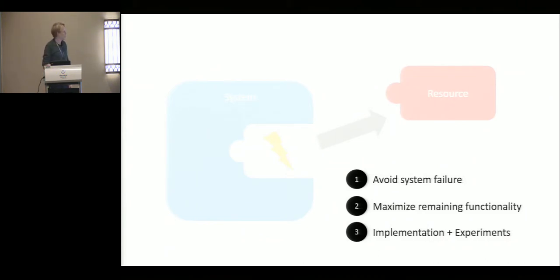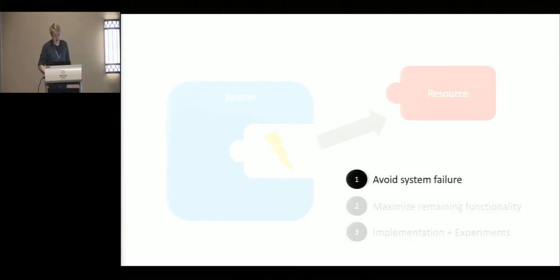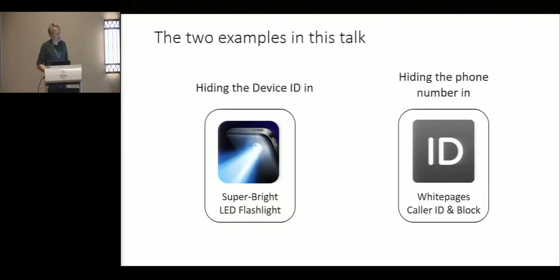This is the outline for the rest of my talk. I will talk about avoiding system failures, our first goal, our second goal, maximizing the remaining functionality, and then, of course, our implementation and how this works out in practice. I'm going to talk about real-world examples. One of them is the application that you saw before, a piece of code that tries to acquire the device ID in Super Bright LED Flashlight.